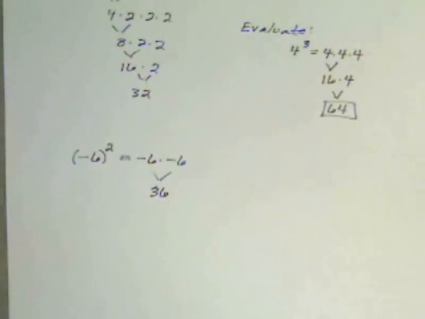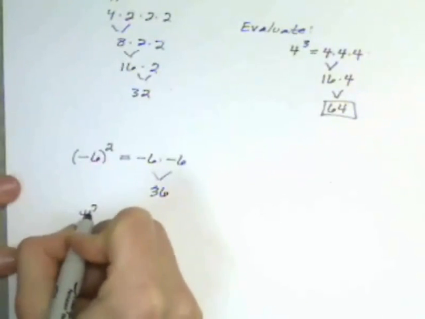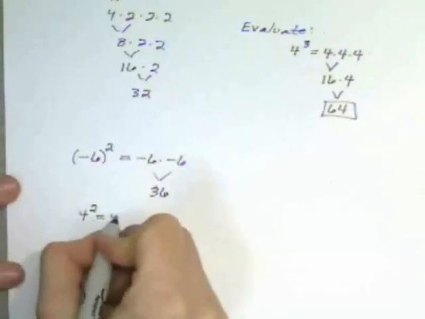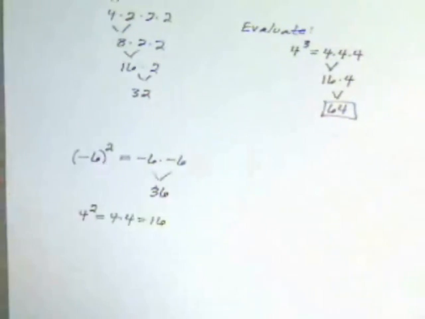Very cool. I guess anything squared will be positive, won't it? Since by definition, a positive times a positive gives positive, and a negative times a negative gives positive. So any kind of combination, whether it had been 4 squared, that's 4 times 4 equals 16, or whether it had been 3 squared.